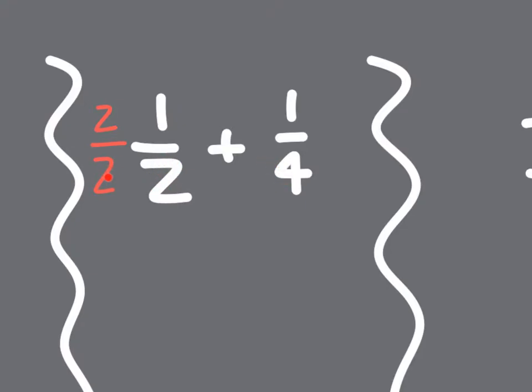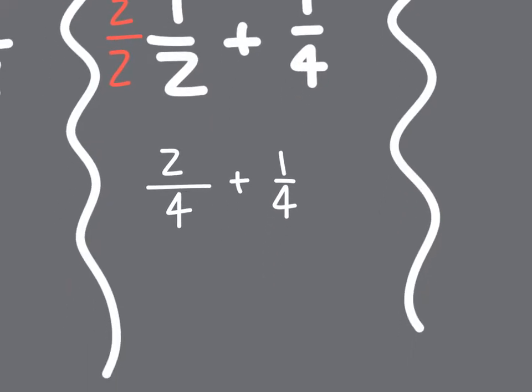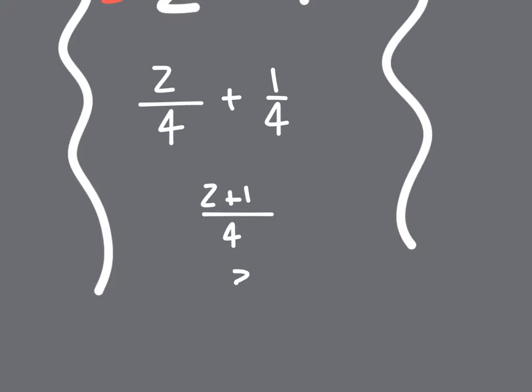And that answer is 2. Now remember, I have to do the top and bottom when I do this. So I get 2 times 1 is 2, over 2 times 2 is 4, plus 1/4. Now I've manipulated this expression to get this one, and they have a common denominator, so I just add my numerators. 2 plus 1 all over 4, and that's going to give me 3 over 4. And that's my answer.